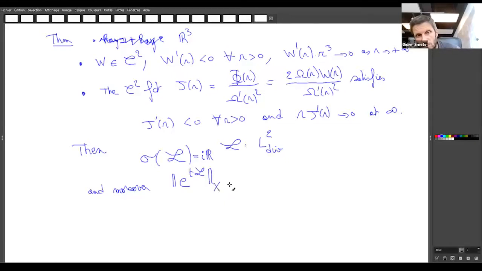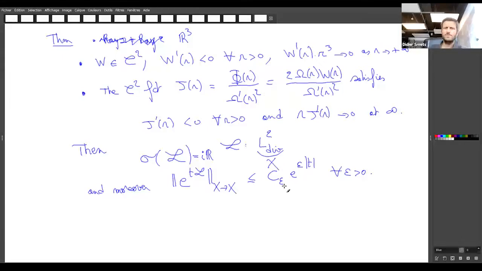So the operator norm as a function from X to X. We cannot show that this is bounded, that would be the dream. We can just show that it is sub-exponential: it is less than an exponential of epsilon times absolute value of t, for each positive epsilon. So for each epsilon, there is a constant C epsilon.